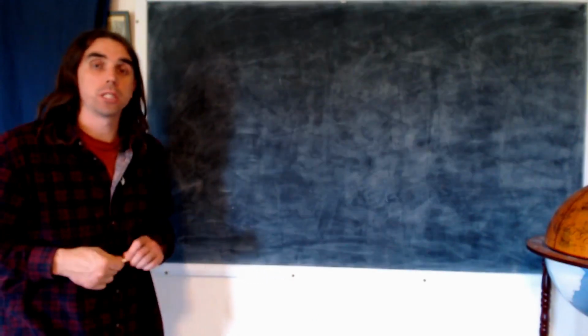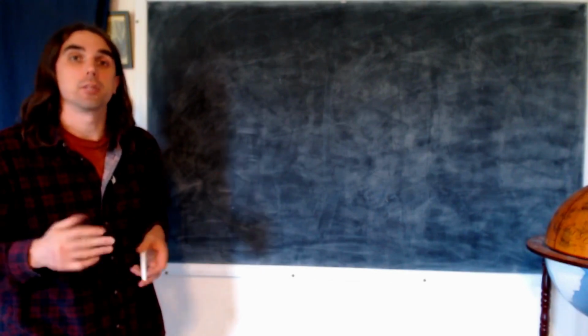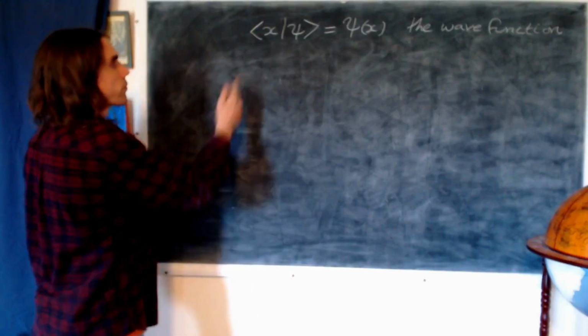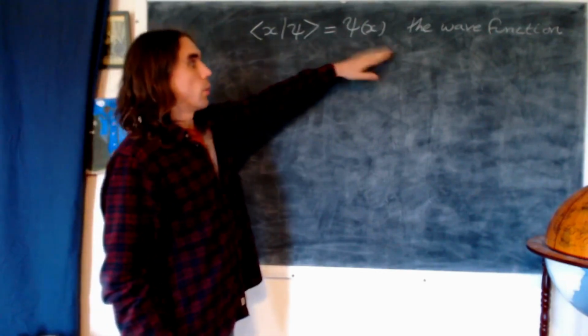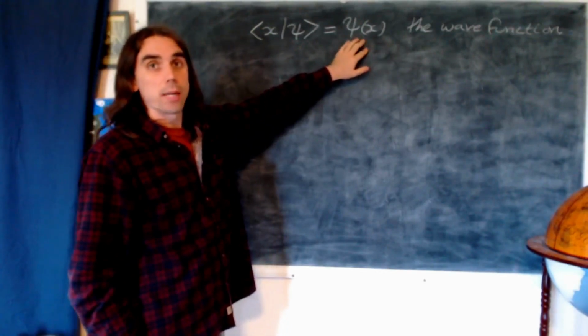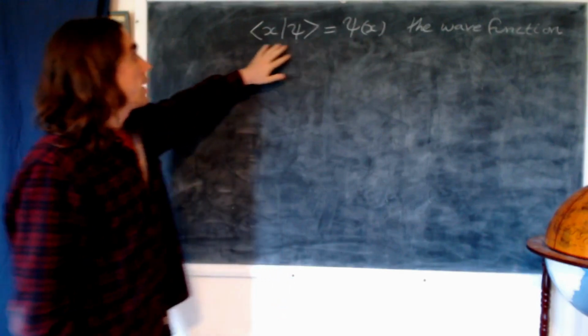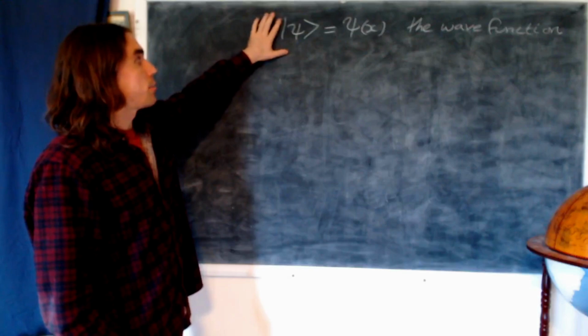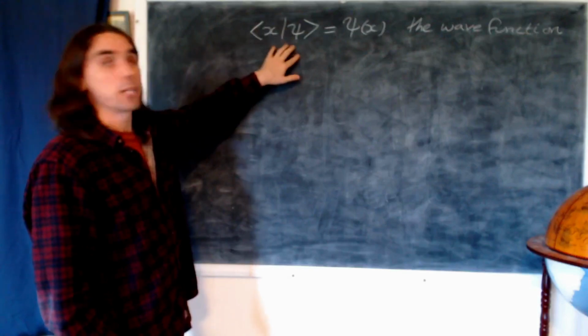So the most important example of an infinite dimensional vector that we're likely to encounter is the following. Psi of x, the wave function, which we've been using in the wave mechanics part of the course, in terms of matrix mechanics, is just the ket psi projected into the x basis.